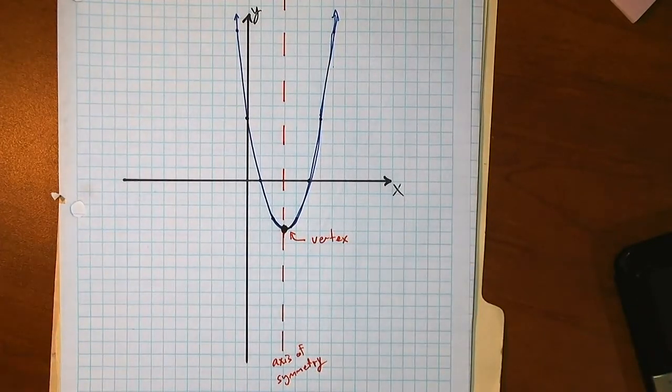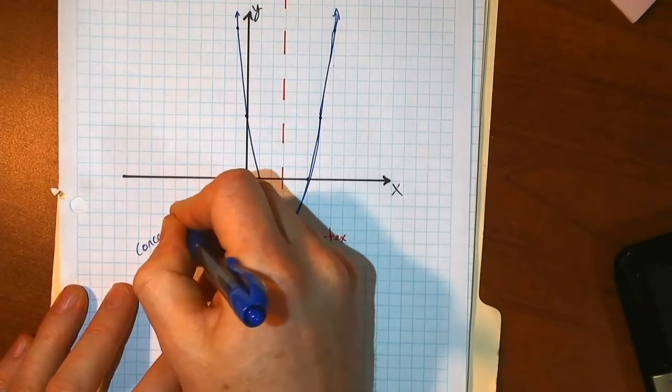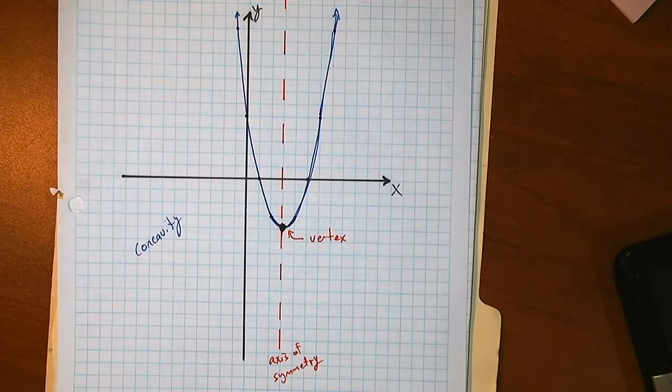Now the last thing we're going to talk about in this video is the idea of concavity. You don't need to know a formal definition of concavity for our class, but you do have to have a working understanding of what it means. In some of your science classes, you might have studied lenses or mirrors.